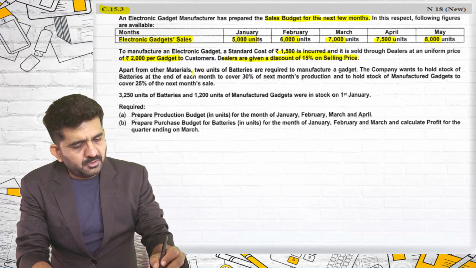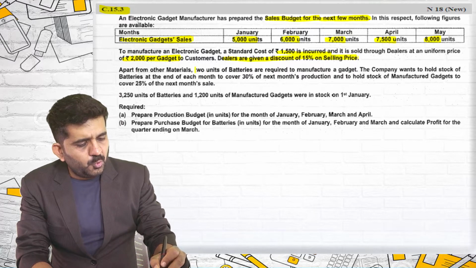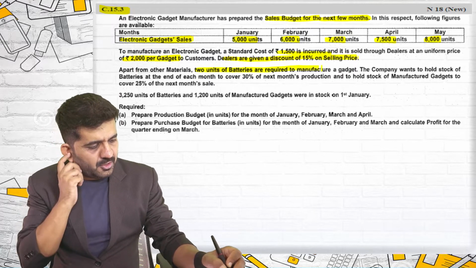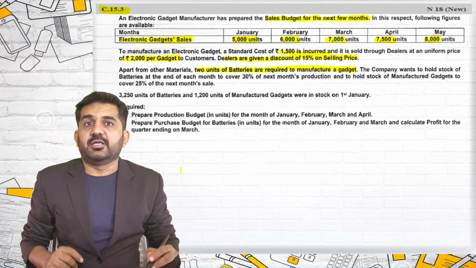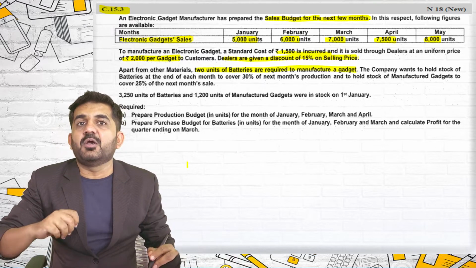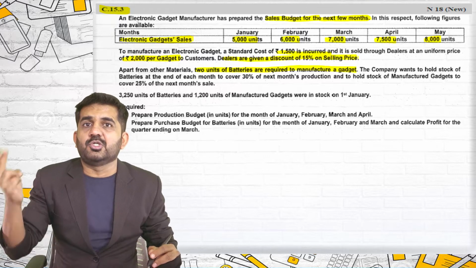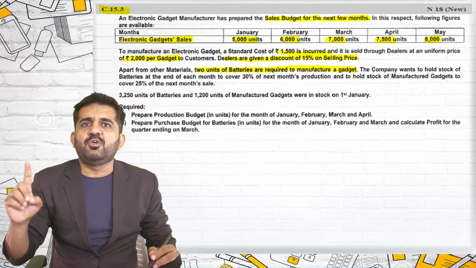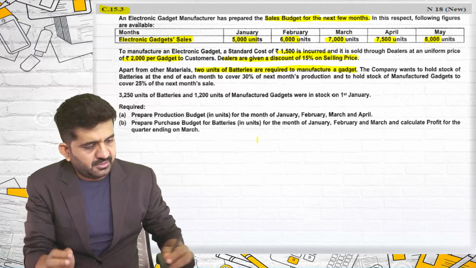Apart from other materials, 2 units of batteries are required to manufacture a gadget. So batteries will now become my raw material. I use 2 batteries to manufacture one electronic gadget.